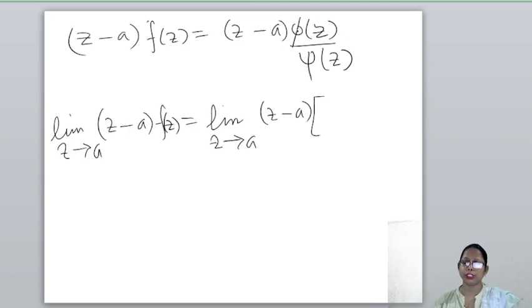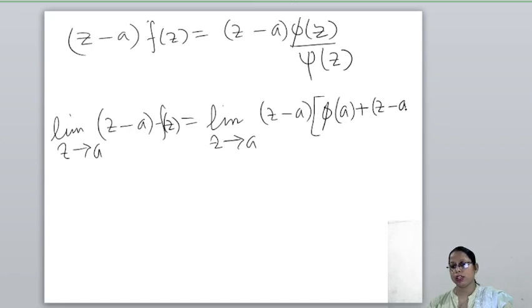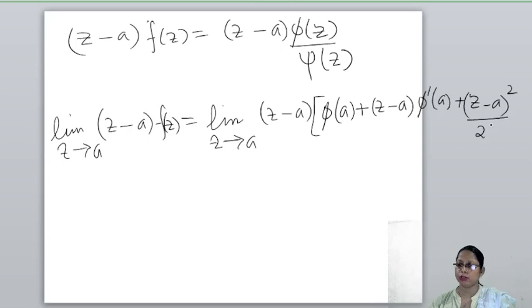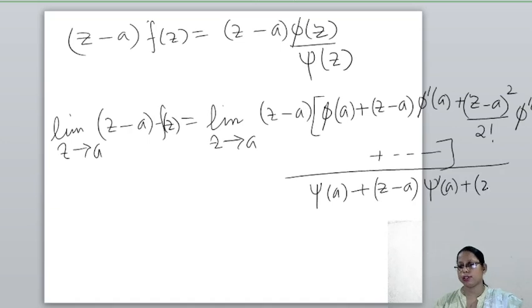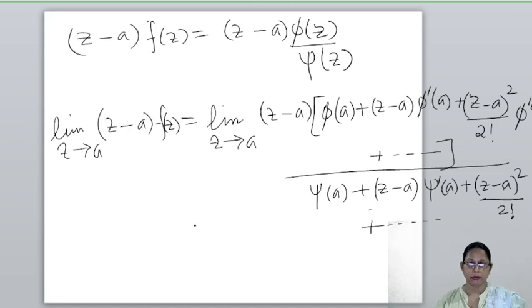That is, we write the Taylor series expansion of phi(z) about z equal to a, which is phi(a) plus (z minus a) phi dash(a) plus (z minus a) whole square by 2 factorial phi double dash(a) plus dot dot dot, divided by psi(a) plus (z minus a) psi dash(a) plus (z minus a) square psi double dash(a) by 2 factorial plus dot dot dot.